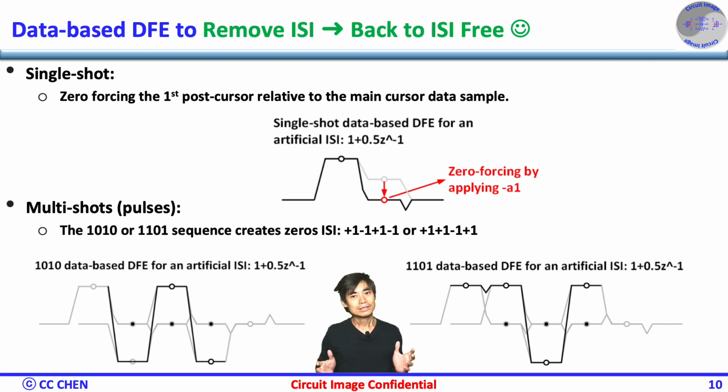Of course, the first post-cursor removal assumes that the DFE would meet the 1 UI timing at these artificial ISI-free conditions and the corresponding input swing.